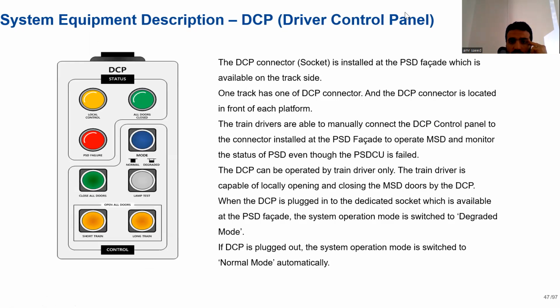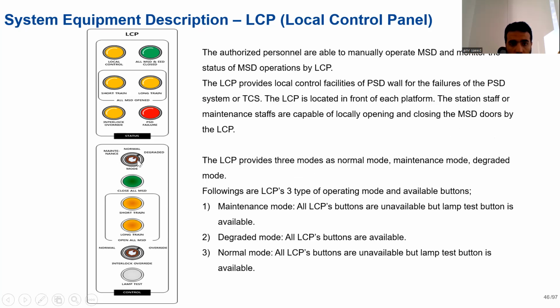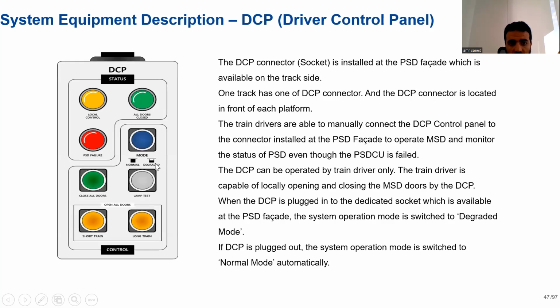We have here driver control panel. This driver control panel is located in the track side for the driver to open or close the MSD. We have here, as you see, just two modes. Here, three modes: normal, degraded, and the maintenance. But here, just normal and degraded. And the only one who can control and use DCB is the driver.